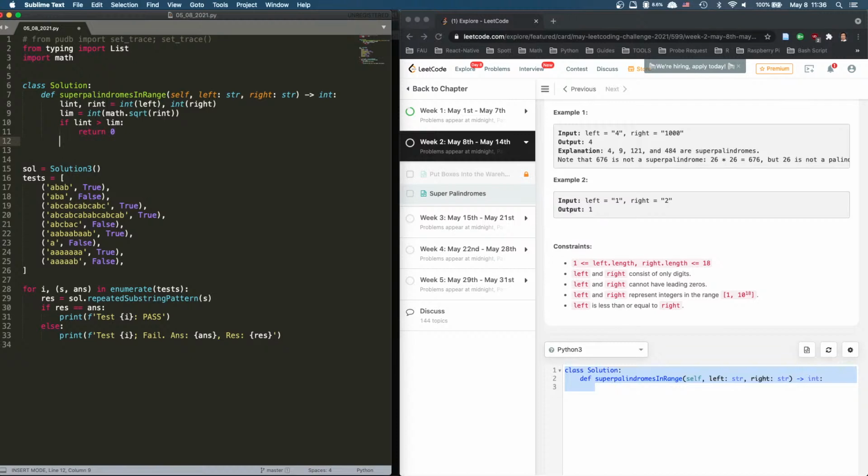There's one trick that we can use because the total number of palindromes are set in stone, right? So we can actually get everybody. How do we get everybody?